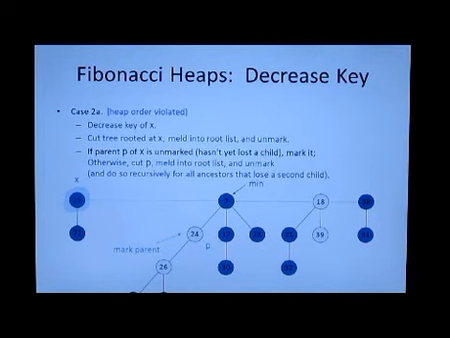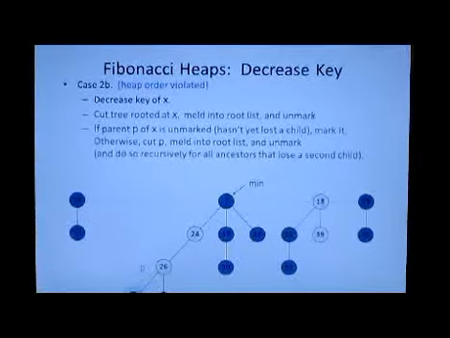Otherwise, if parent P of X is unmarked, mark it. Otherwise, cut P, meld it into the root list, and unmark it, and do so recursively for all ancestors that lose a second child. X in here is 35, and the parent is 26.